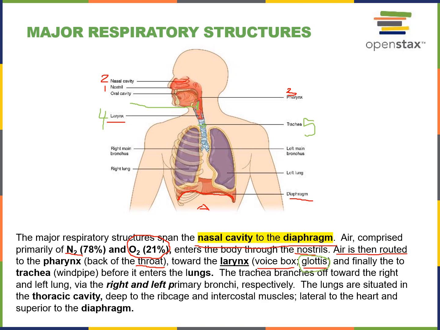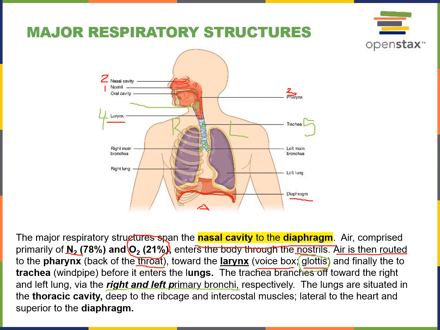That's an important point. The trachea then branches to give us 2 passageways that enter the lungs. We have a right lung and a left lung. The branching is these structures here, the right and left primary bronchi. It's important that you get the names of these structures correctly so that you can understand the later discussion on this topic.